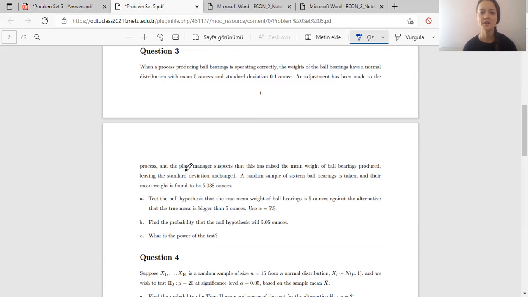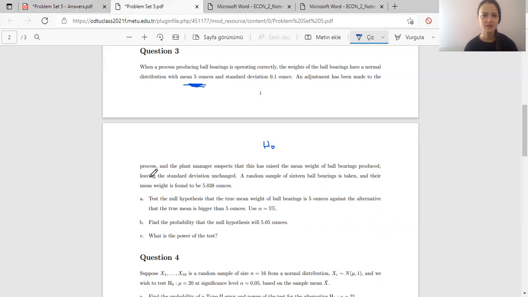So the manager claims that now the population mean is greater than 5. Initially it was 5, and they have done something, and the manager thinks that now the mean is greater than 5. This is a claim, the manager's claim.